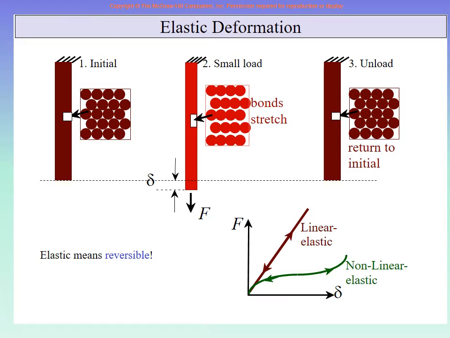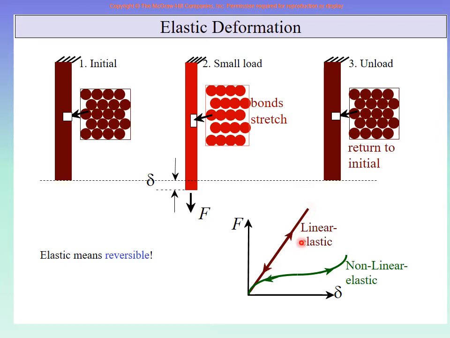The deformation can happen in a linear manner on the graph. It can happen in a non-linear manner on the graph. But if at the end of unloading the deformation is back to zero, then it is elastic in both cases. Now, you will see later on that metals and metal alloys behave in this manner. When the deformation is elastic, then the graph is linear.